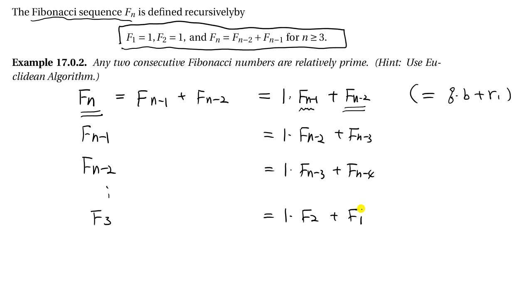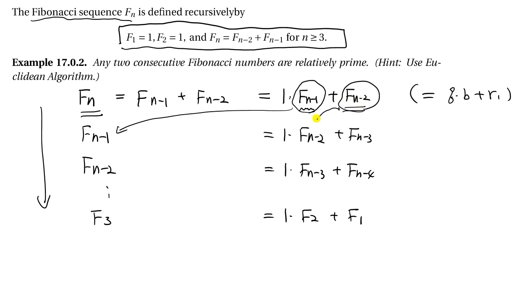When you look at this, it is really the format of the Euclidean algorithm, because we divide the divisor of the previous step by the remainder of the previous step, and keep doing that.